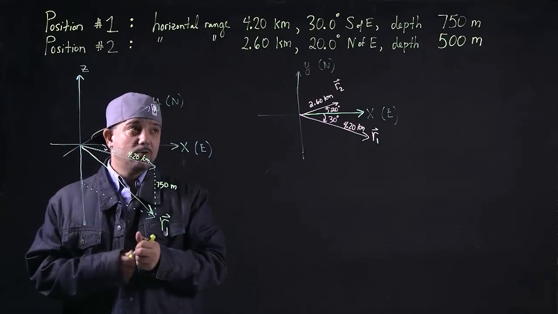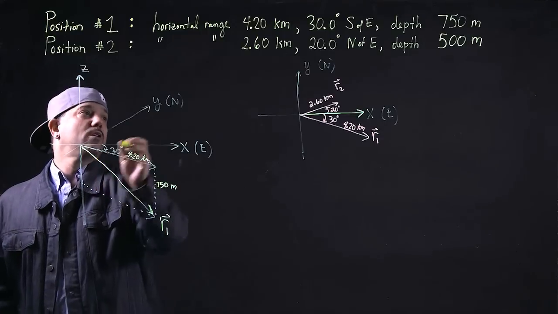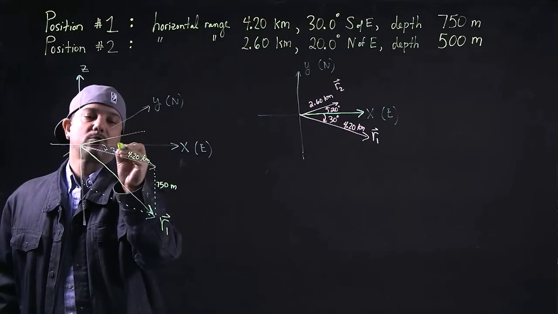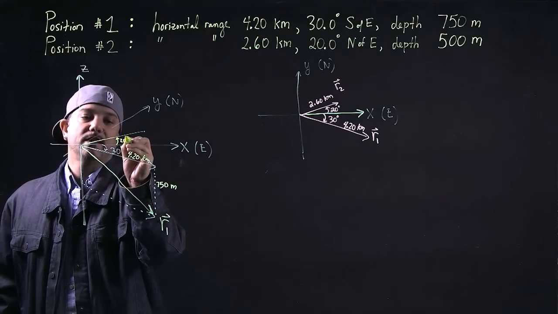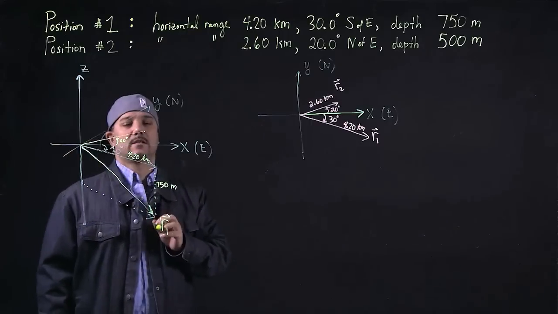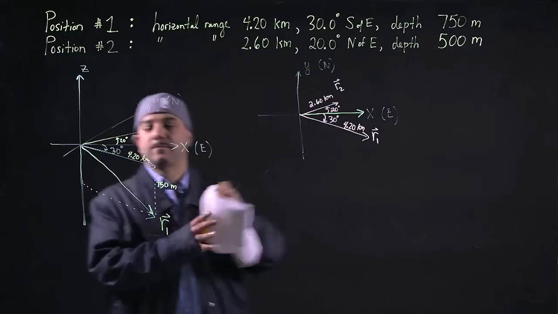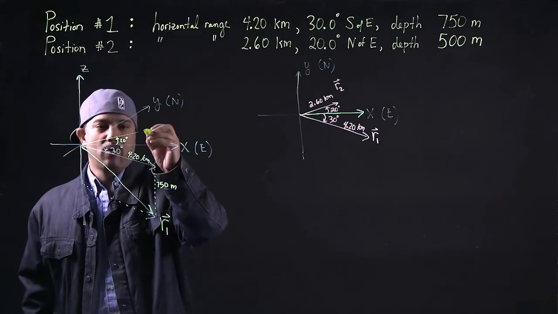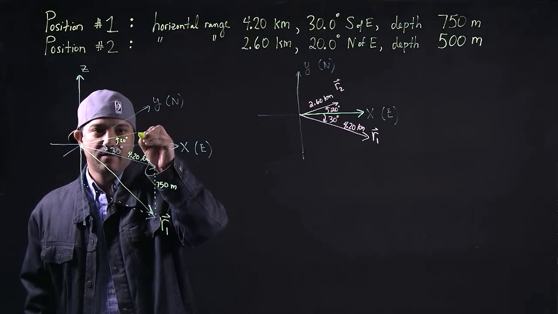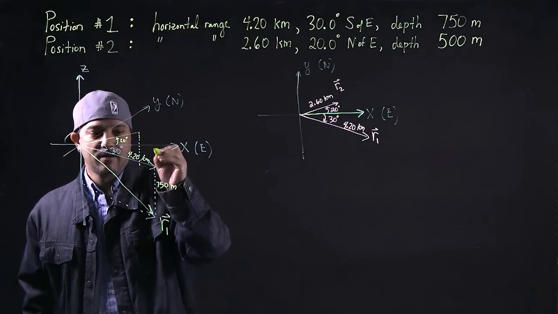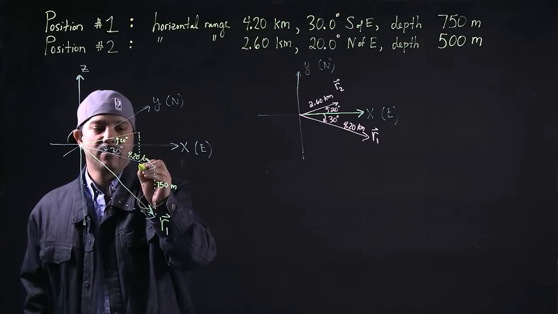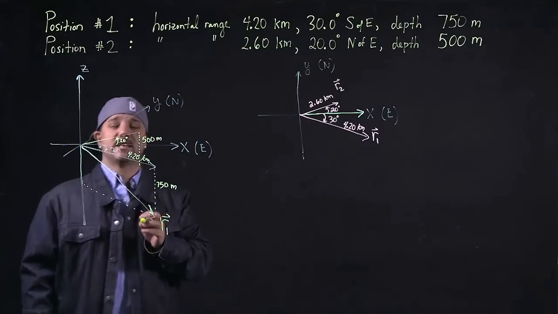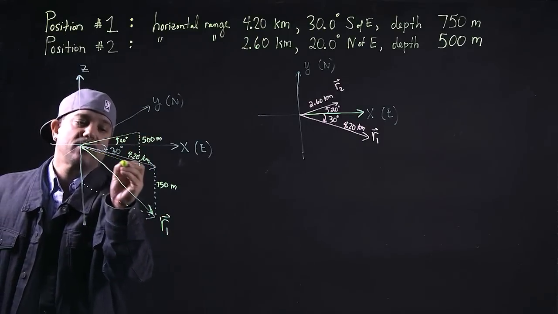In position 2, now we're going to go north of east, 20 degrees north of east, not quite as far. And then we're also going to go down in depth. So let's say we're down here at 500 meters below the surface. And that vector looks like this.